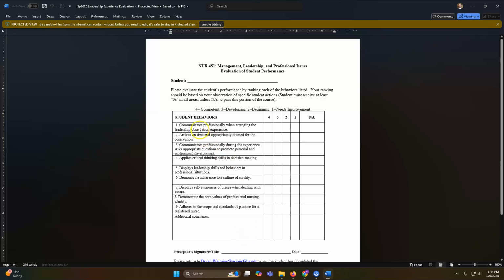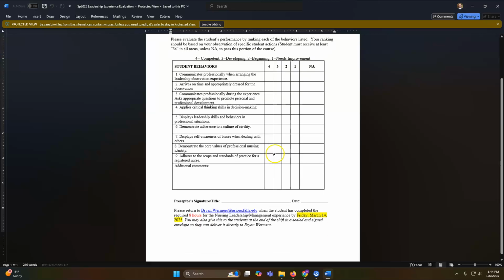This is going to be: communicates professionally, arrives on time, communicates professionally during the experience, applies critical thinking skills, displays leadership skills, demonstrates adherence to a culture of civility, displays self-awareness of biases, demonstrates core values of nursing, adheres to the scope and standards of practice for a nurse. All these things are great aspects of this. You need to have 3s in all these areas to pass this.